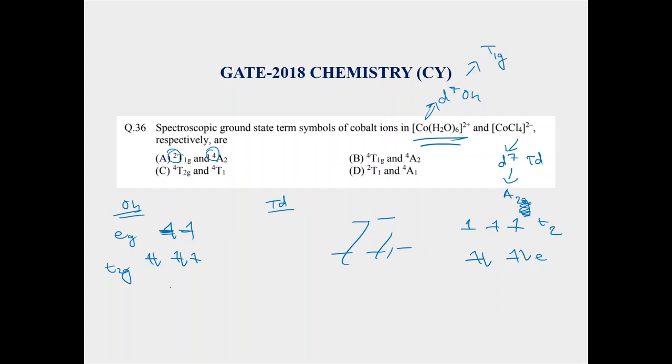So in both cases the number of unpaired electrons is 3, S will be 3/2 for both, and 2S plus 1 will be 4 for both, right? So 4T1g and 4A2 will be the correct option for this question. Is it clear?